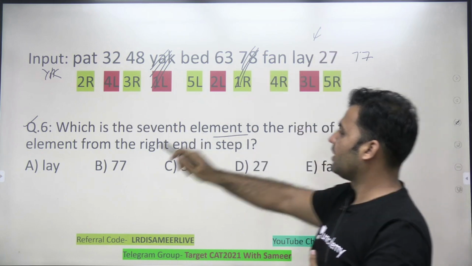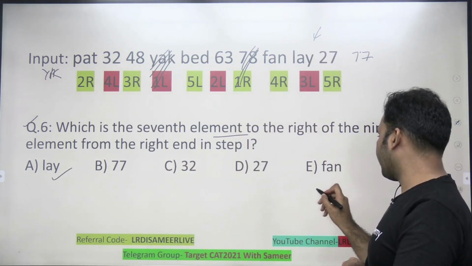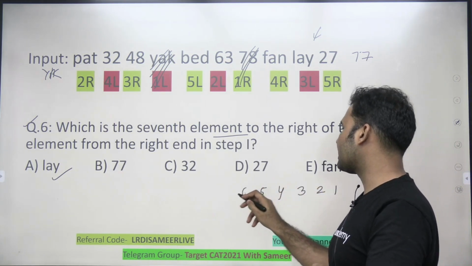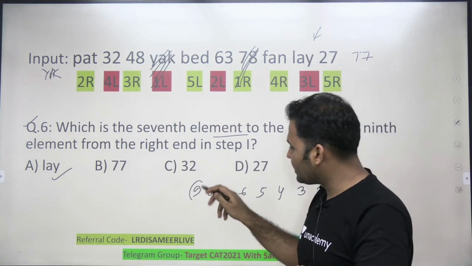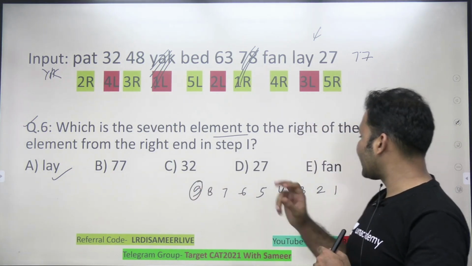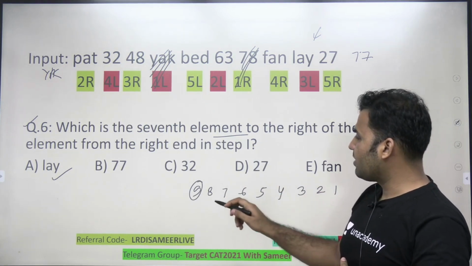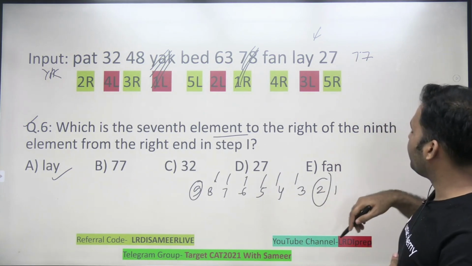What I'm doing is, that question is asking you to move to the 9th step here. 1, 2, 3, 4, 5, 6, 7, 8, 9. And then from this element, I'm supposed to find the 7th element on the right hand side. So this is the 1st, 2nd, 3rd, 4th, 5th, 6th, 7th. This would be the answer.